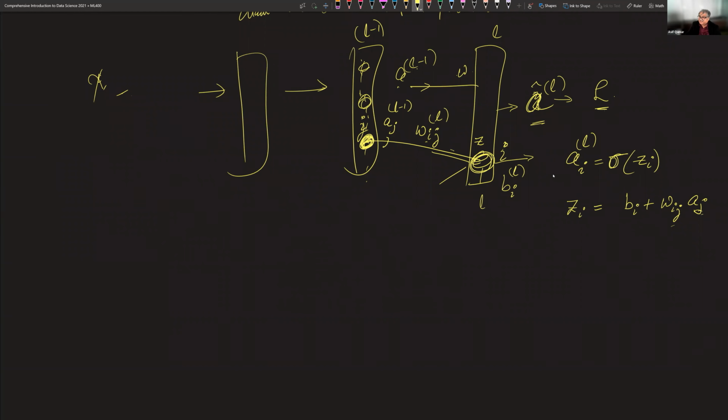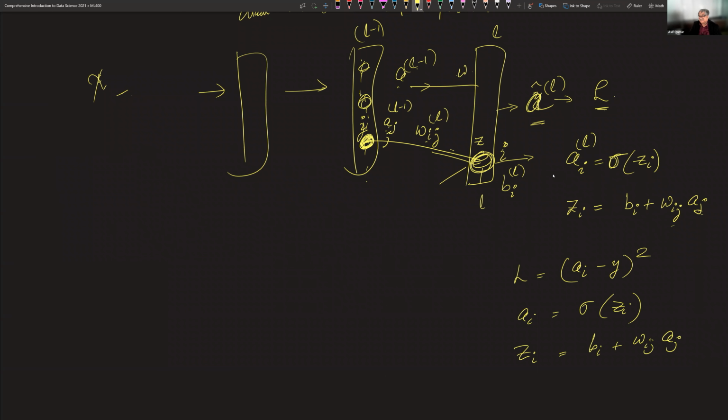So loss is a function of Ai minus the final actual output, squared. Ai depends upon sigma of Zi. Zi, up to a bias term, depends upon Wij and the activation of the previous layer.